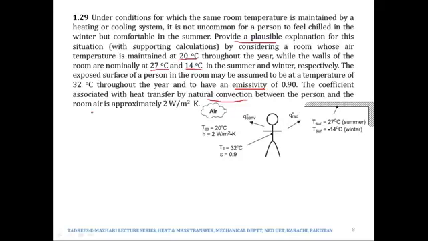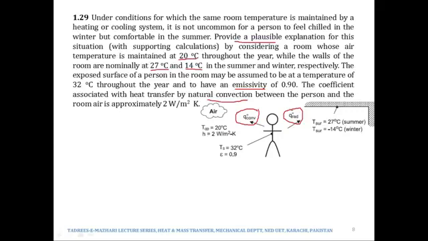So this is where the convection will take place, and there would be radiation between the person's body and the walls of the room, which are at 27 degrees Celsius in summer and 14 degrees Celsius in winter. So we are being told that the heat will be lost from the person's body via convection as well as via radiation, right?